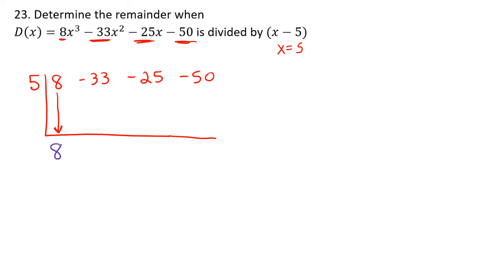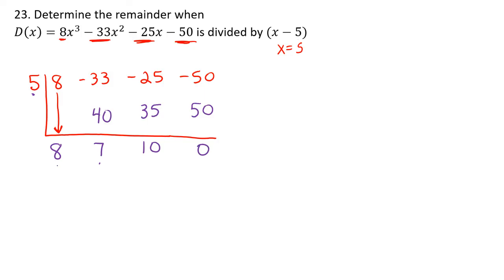We start by going 5 times 8 is 40. We have negative 33 plus 40, that's 7. Then 5 times 7, that's 35. Negative 25 plus 35 is positive 10. And then 5 times 10 is 50. Negative 50 plus 50 is 0.